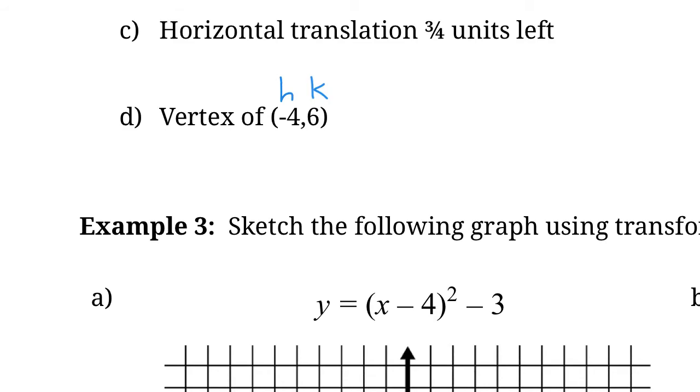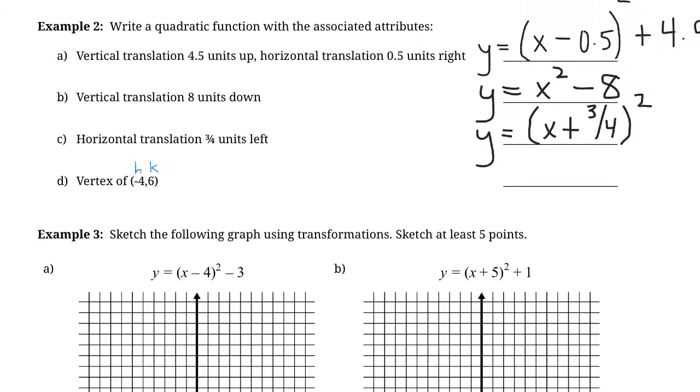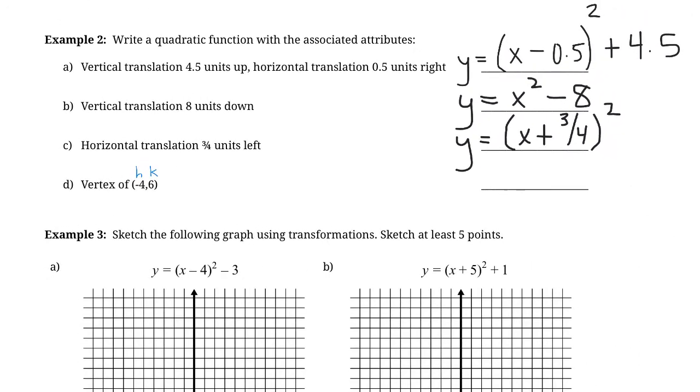So if we were to go ahead and build our equation, we would start off by saying y equals, we're going to open the bracket, we have an x, and our H value is -4. So remember, if we are seeing it written as -4, we need to put the opposite into our actual equation. So the opposite of a -4 would be a +4.